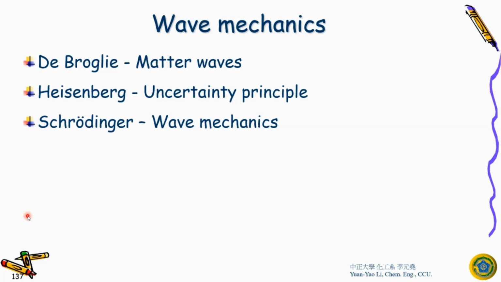This is the first one. The second one is Heisenberg, the uncertainty principle. The third one is Schrödinger. Schrödinger is a great man. I shouldn't say invent. He discovered, or he developed, the wave mechanics model.